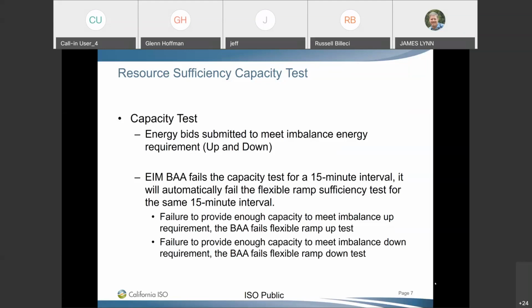If you pass the capacity test, you could still fail the flex, but it doesn't have any ramifications unless you fail this test in a particular direction, because the ramification comes into settlements for how the market allows the BAA to get energy from the flexible ramp test. And I'll go into more details about that right now.